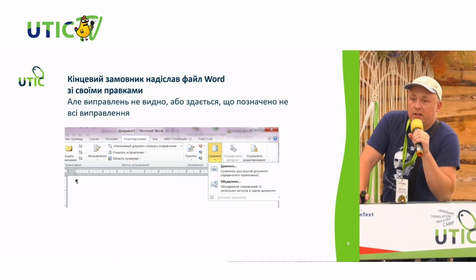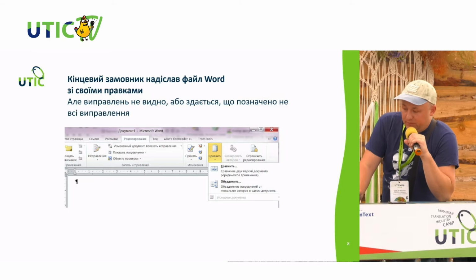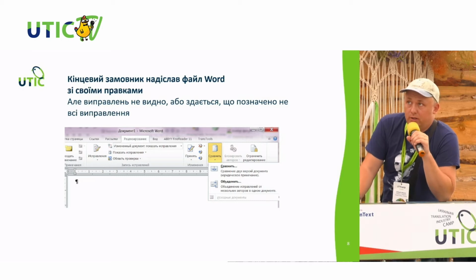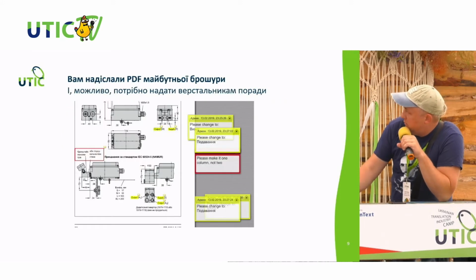You have done everything. Everything is beautiful. Your DTP specialists have done all the setup of the final leaflet. You see the final version. They call the process proofreading. We call it the final proofreading or whatever.